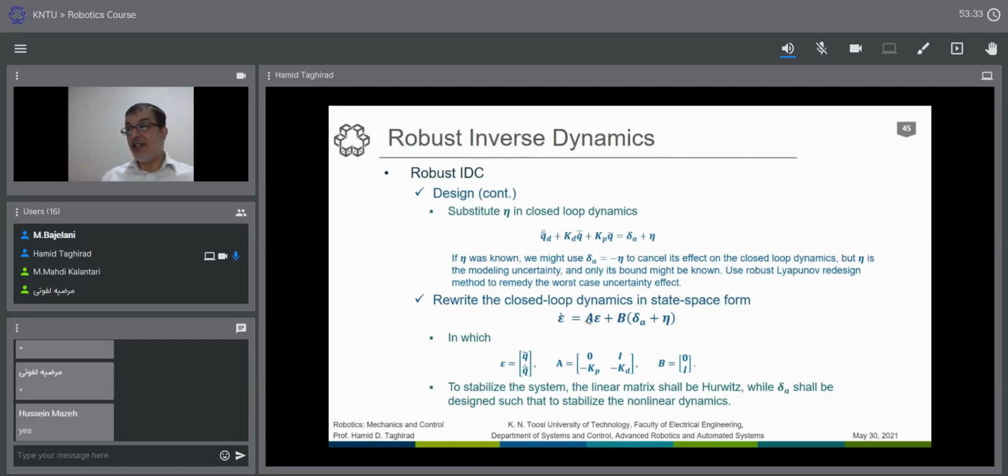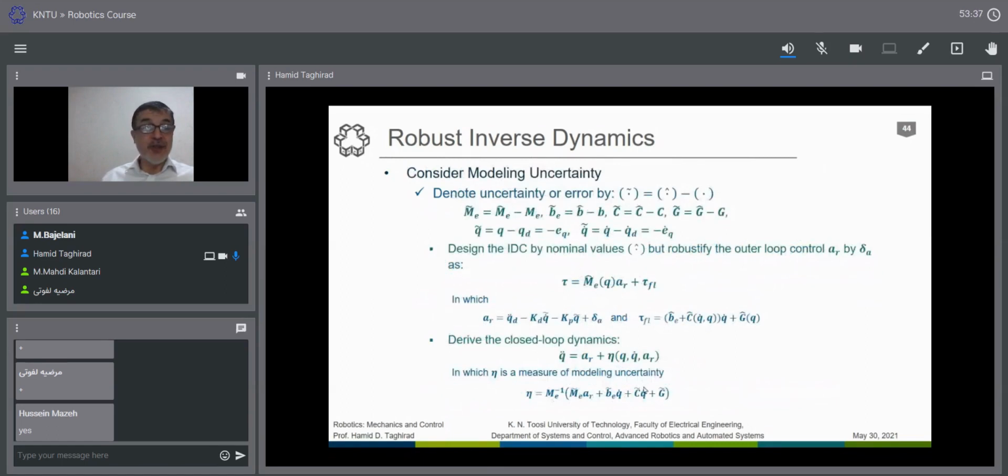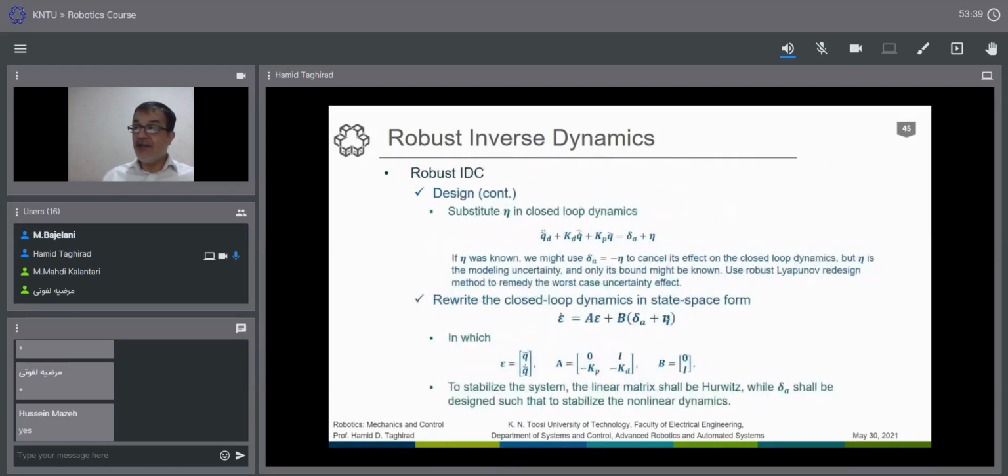But this is not linear. You know that eta has a lot of nonlinear terms within it. So this is still a nonlinear dynamics, but written in the state space form. And you consider the linear part and also the nonlinear part.